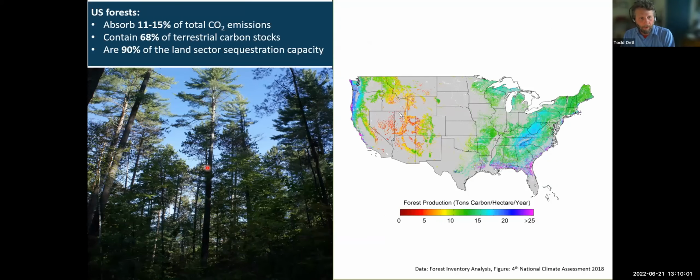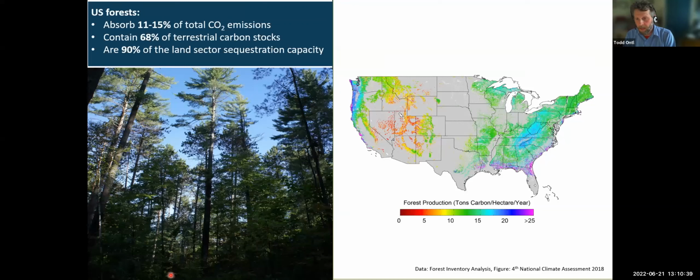As you all know, there's been a lot of discussion and interest in forests for their ability to offset and store carbon. It's one of the terms of natural climate solutions. And this interest really stems from the recognition that forests in the US are able to offset somewhere between 11 to 15% of our total carbon dioxide emissions that come from fossil fuel burning.